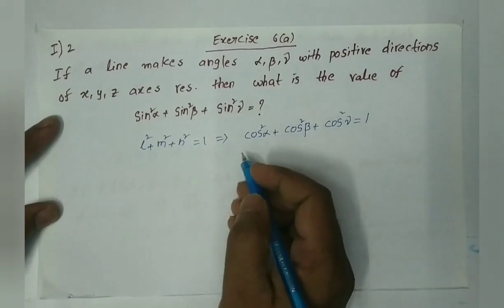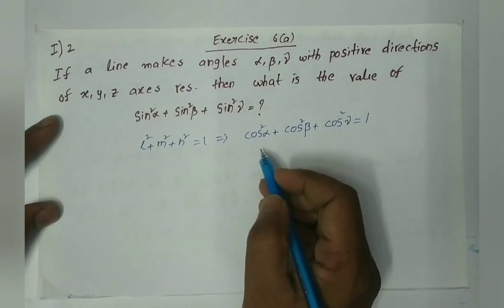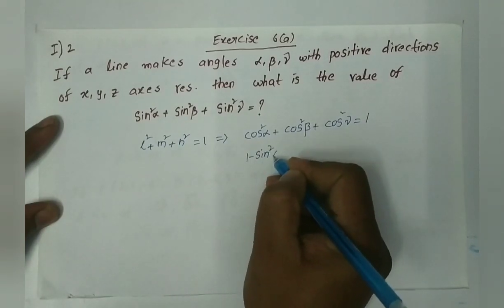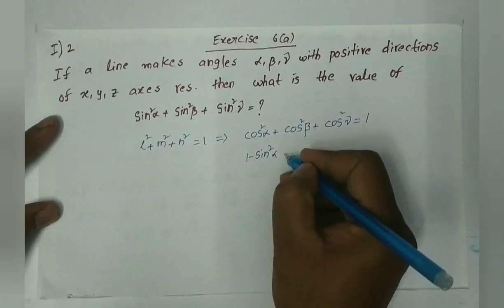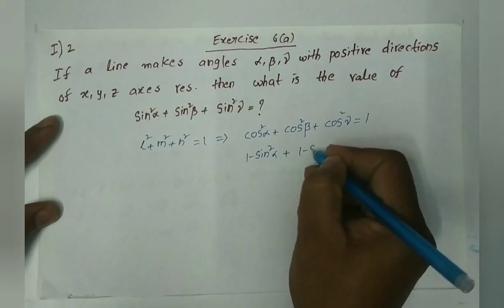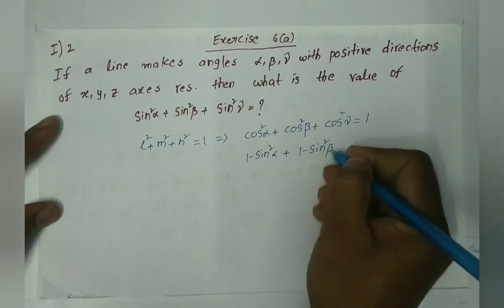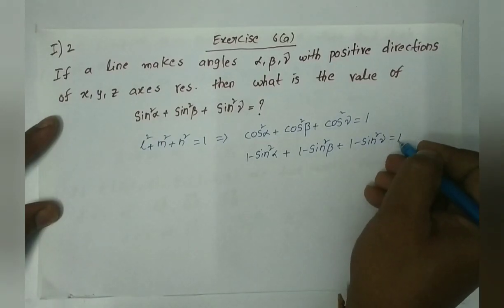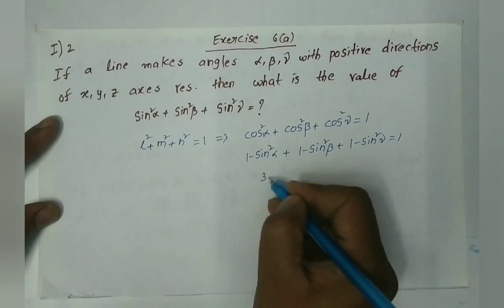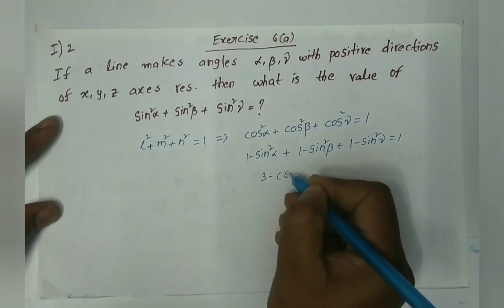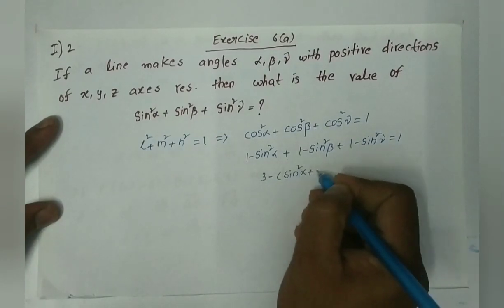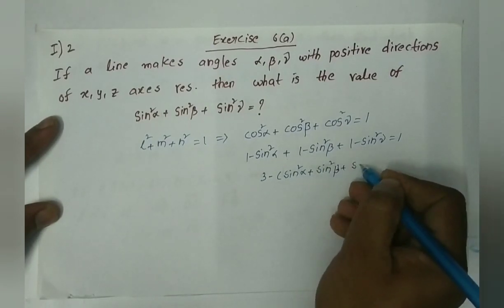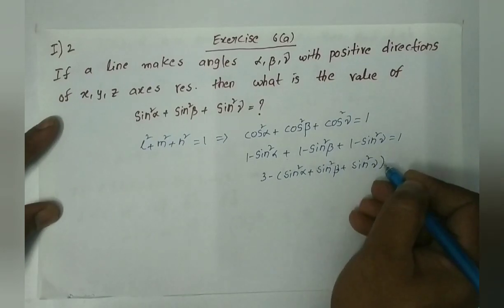Similarly, we know that cos square alpha is nothing but 1 minus sin square alpha, because cos square alpha plus sin square alpha is equal to 1. So 1 minus sin square alpha, plus 1 minus sin square beta, plus 1 minus sin square gamma is equal to 1. That is 3 minus the sum of sin square alpha plus sin square beta plus sin square gamma is equal to 1.